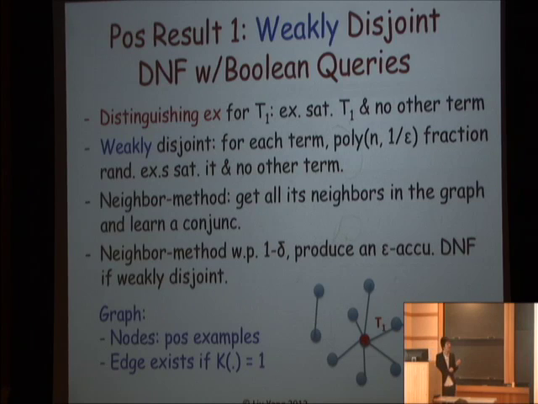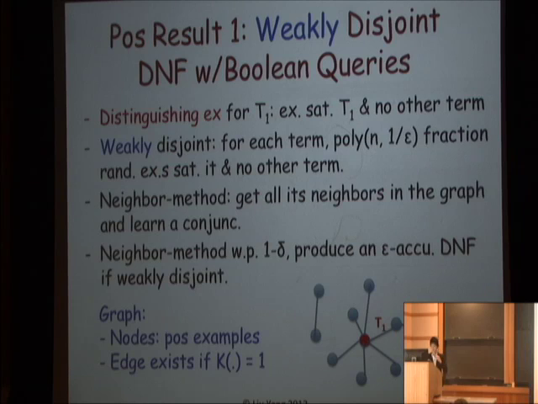Let us call those examples that satisfy a given term and no others distinguishing examples. We do not, of course, know which ones they are. So we take poly n, 1 over epsilon, log 1 over delta samples. Among the positive examples, we can query for each pair whether they satisfy some term in common, and then we create a graph where we put an edge between a pair of positive points if indeed they satisfy some term in common.